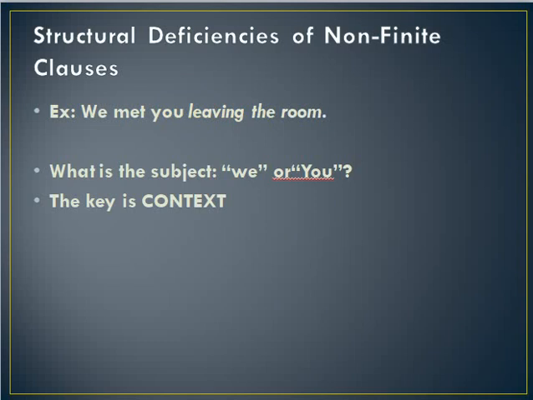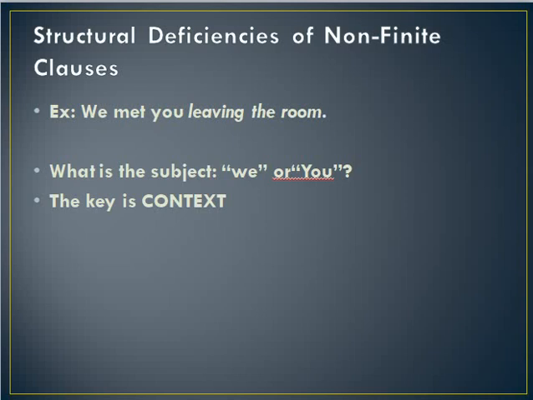Now, if we take the second example, what is the subject? We or you. So the whole issue depends on the context. Only the context can solve this problem of ambiguity.